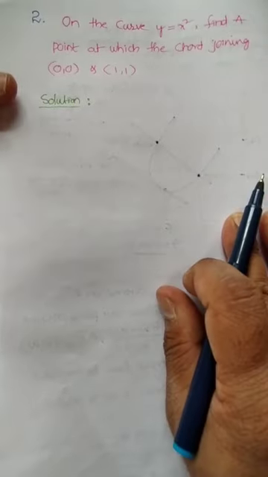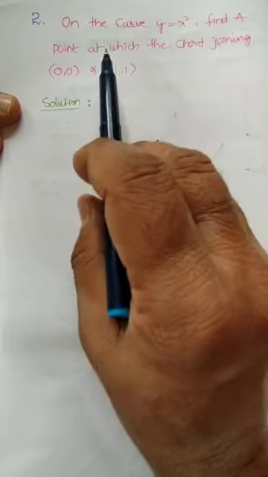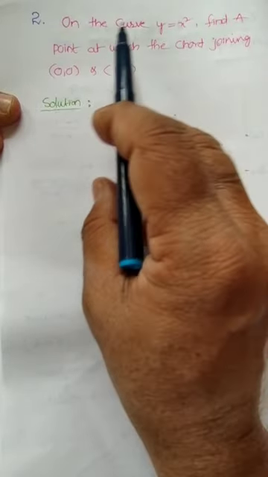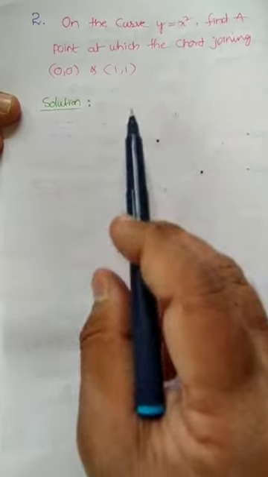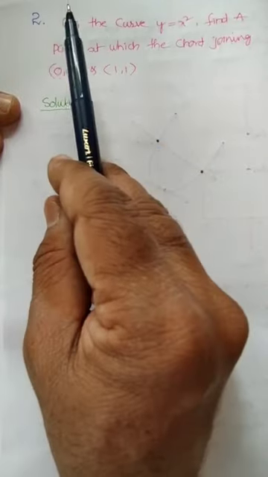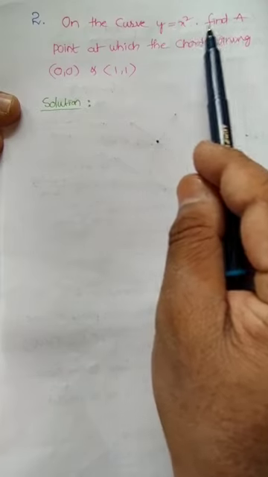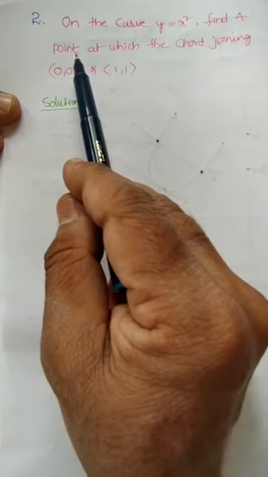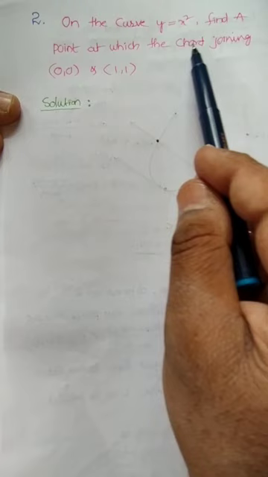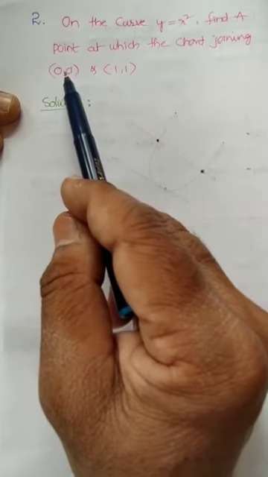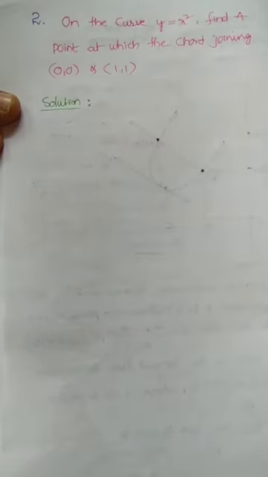Let us see one more problem. He had not mentioned any Lagrange's condition here, but the theme is Lagrange's theorem. On the curve y is equals to x square, find a point at which the chord joining (0, 0) and (1, 1).